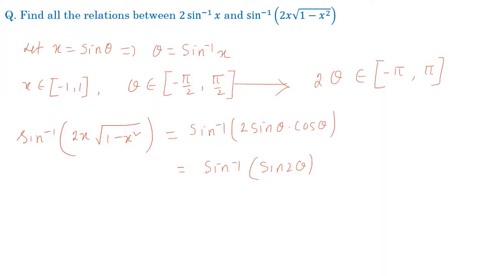Say it is marked by 1. Now we have different cases for this 2 theta. To understand those cases, first of all I am taking the graph of the sine inverse of sine x function.